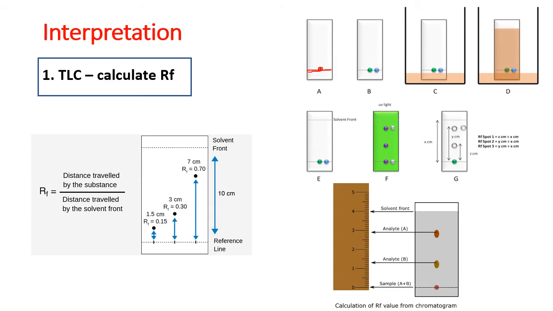So if we did this reaction, for example, 2 times, then I can place 2 spots. If we did it 3 times, then I can do 3 spots. At every spot, I'm going to place 1 drop from my reaction.